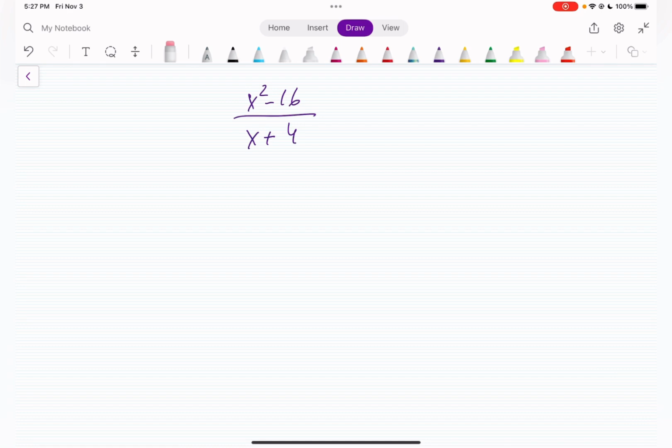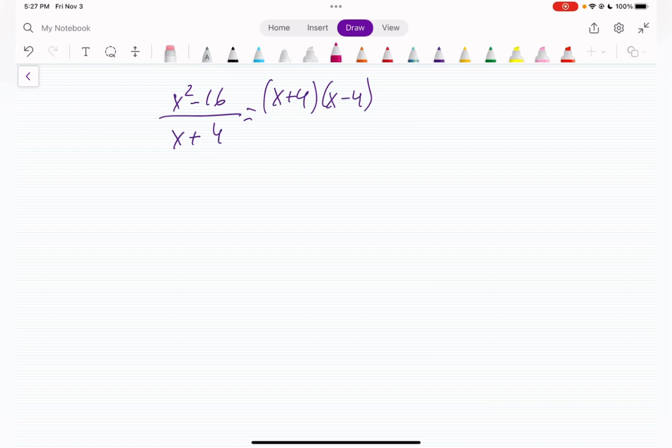So x squared minus 16, I can write down as x plus 4 times x minus 4, right? Real quick to remind the formula, a squared minus b squared equals a plus b times a minus b.